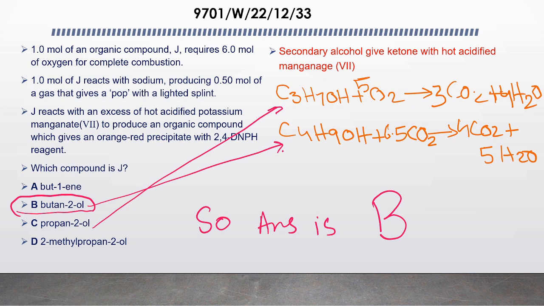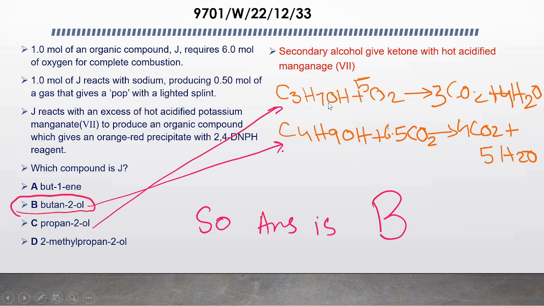Second question. Everything is clear. Secondary alcohol gives ketone with hot acidified manganate. This is one of the important things, and you should know that hot acidified manganate is in fact an oxidizing agent.